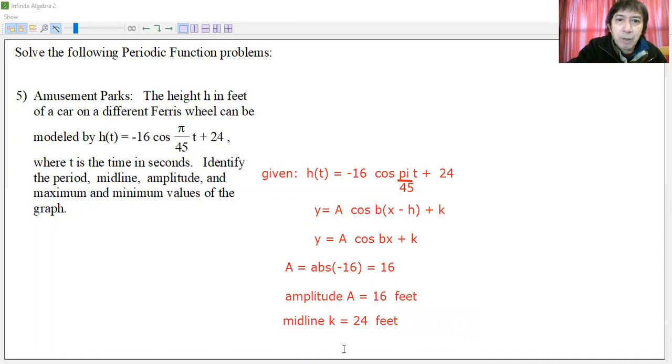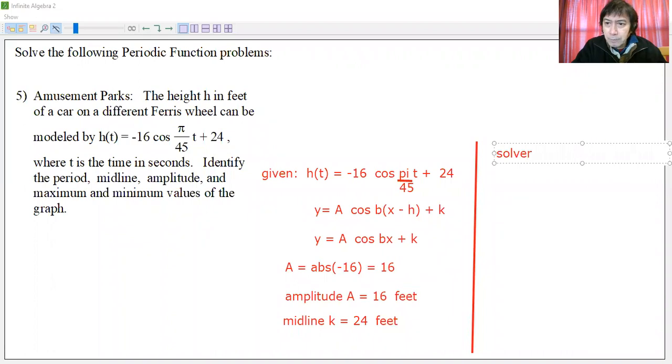Now we're ready to get our maximum and minimum over here. Solve for max, for maximum. So max is equal to midline plus the amplitude.